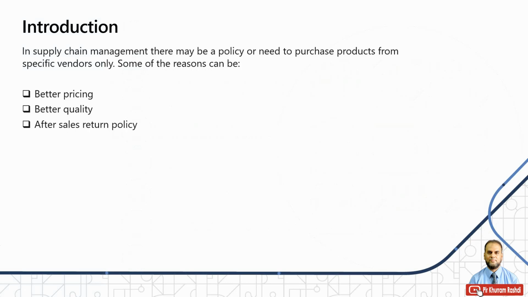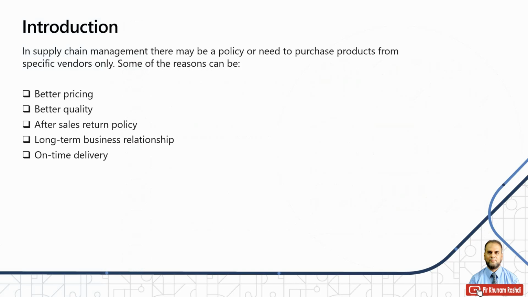Also their warranty terms and return policy matter, for example if the product is defective, how readily they can take those products back. Similarly, long-term business relationships are built on all these factors, like they have provided the company with better pricing, better quality and after-sales services like warranty services or return policies.